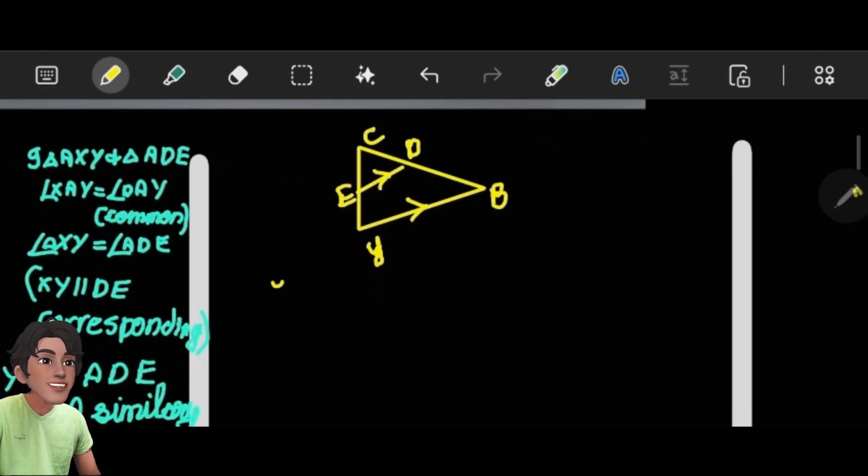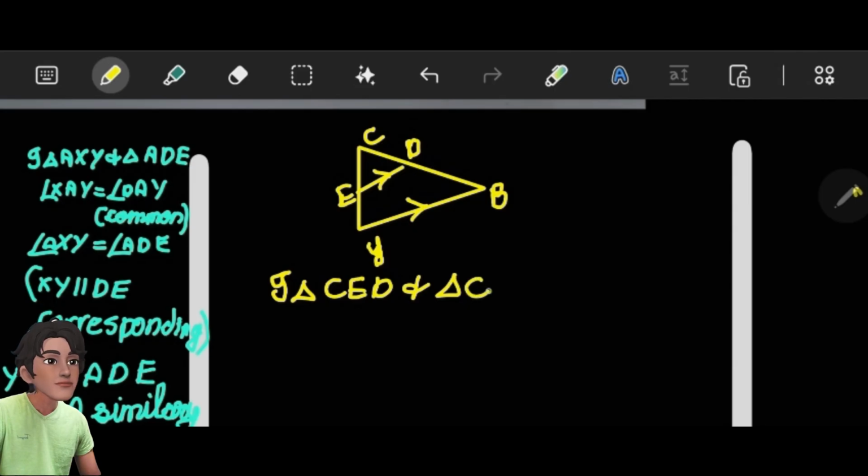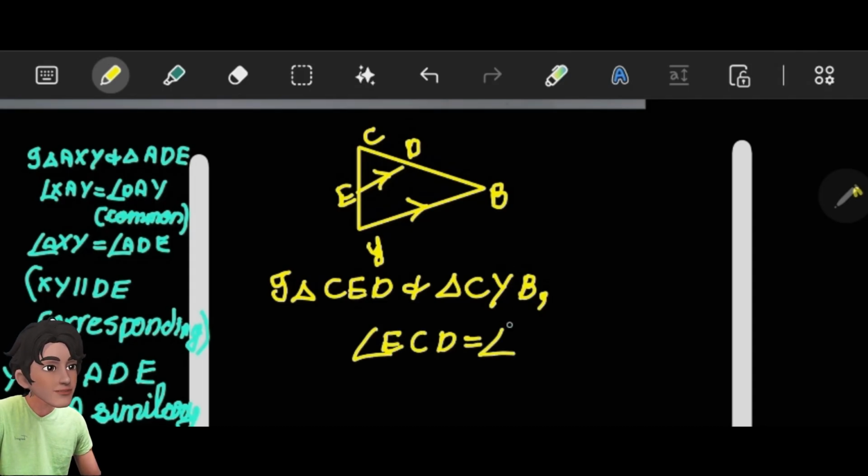Now in triangle CED and triangle CYB, we can see that angle ECD is equal to angle YCB. And you have guessed it because they are common angle for both the triangles.